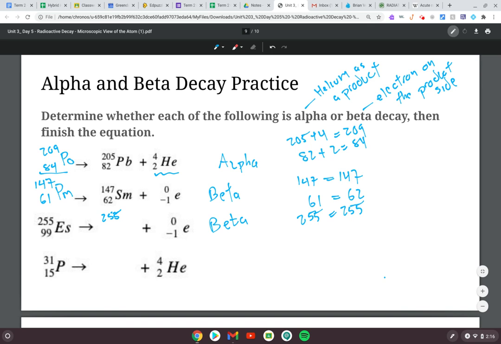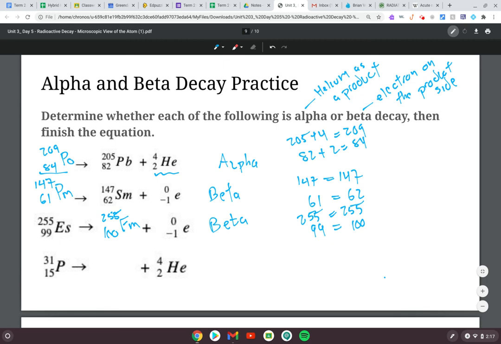And the atomic number is going to increase by 1. So 99 is going to become 100. So my atomic number down here will be 100. And if I locate element 100 on the periodic table, I see that it is fermium, elemental symbol Fm.